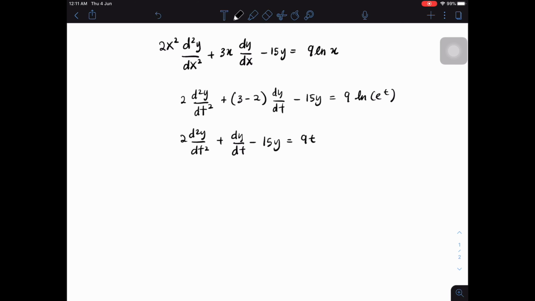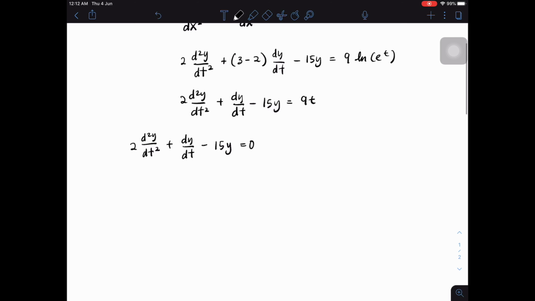But first of all, we need to find yc, where we take the left hand side to be a homogeneous differential equation. Therefore, we will have 2 d²y/dt² plus dy/dt minus 15y equal to 0. Transform it into the characteristic equation.